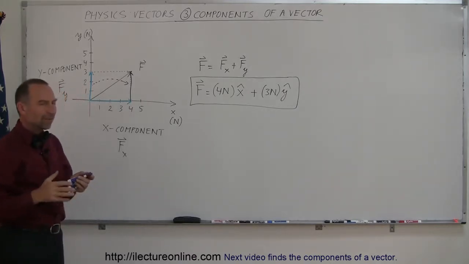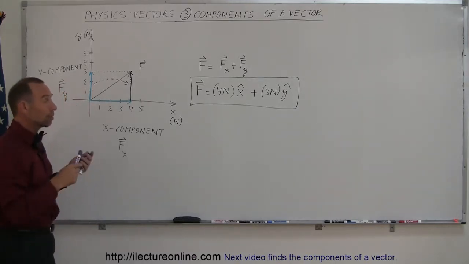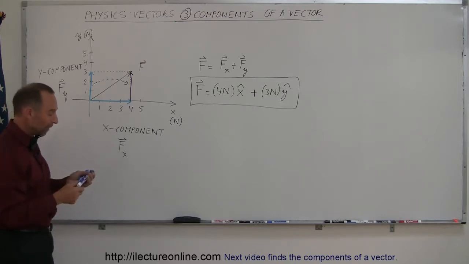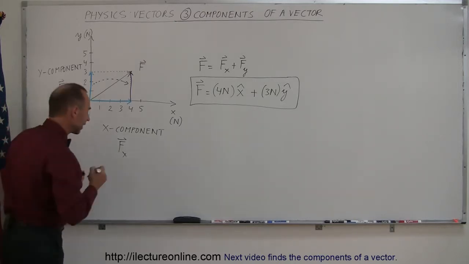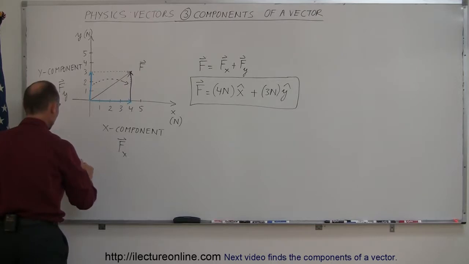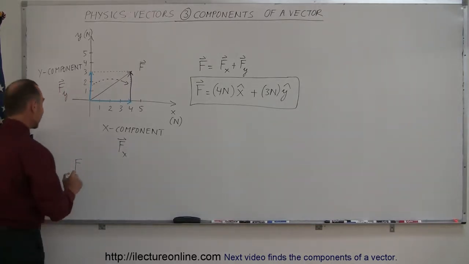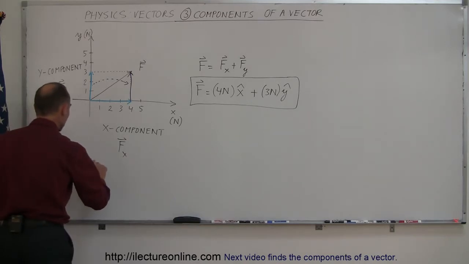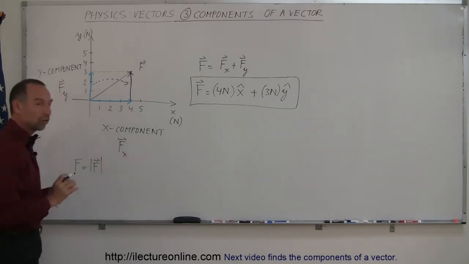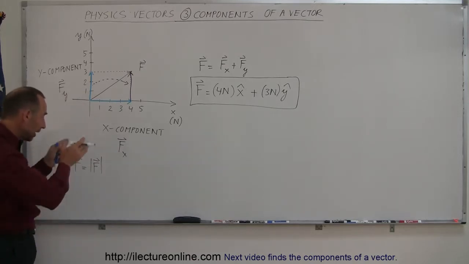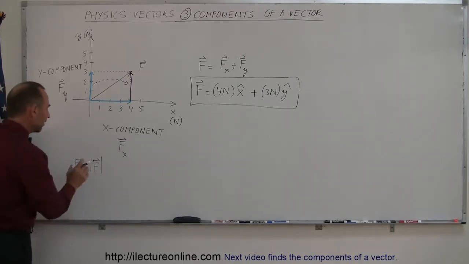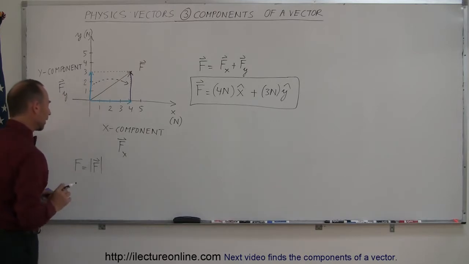Now, if I want to represent the magnitude of either a component or of the vector itself, I can do this as follows. I can say that F, without the arrow, simply talks about the magnitude of that vector. And this is equal to, notice what I've just done, I've taken the vector notation of the vector F, and I put little absolute value signs around it, and this simply means the magnitude of the vector.